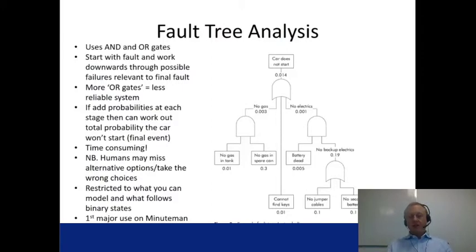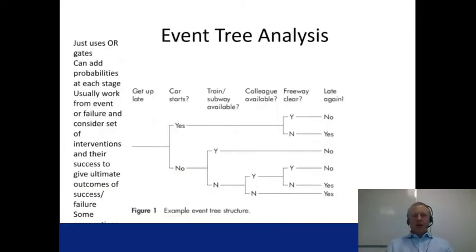Now you notice here you can have it either as qualitative, just to model it to help you picture it all, or you can go quantitative and add probabilities at each stage, and then use a little bit of calculation to work out what the ultimate probability is of your car not starting. Interestingly, its first use was on Minuteman missiles.